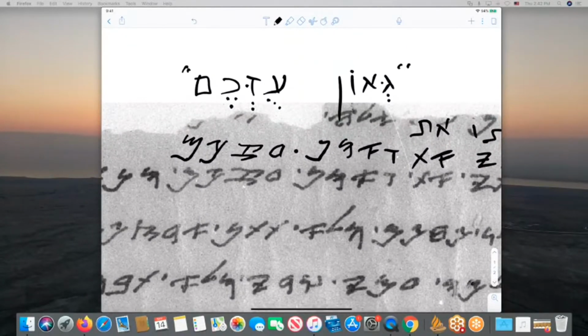The gaon is pride, like loftiness. And then uz is strength. Chem is of y'all. So it's pride of your power or your might or strength.